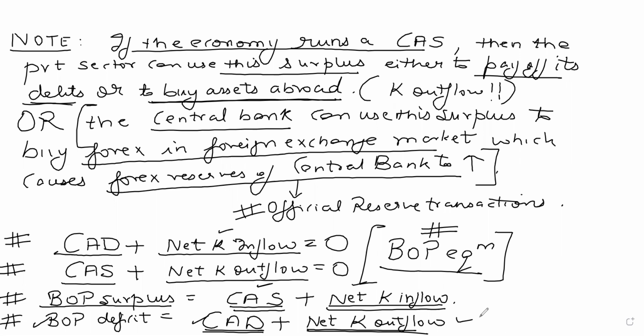However, if the deficit of the current account gets balanced by the surplus in the capital account, or the surplus in the current account is balanced by the deficit in the capital account, we say that the balance of payment is in equilibrium. So hoping that students are clear with this.